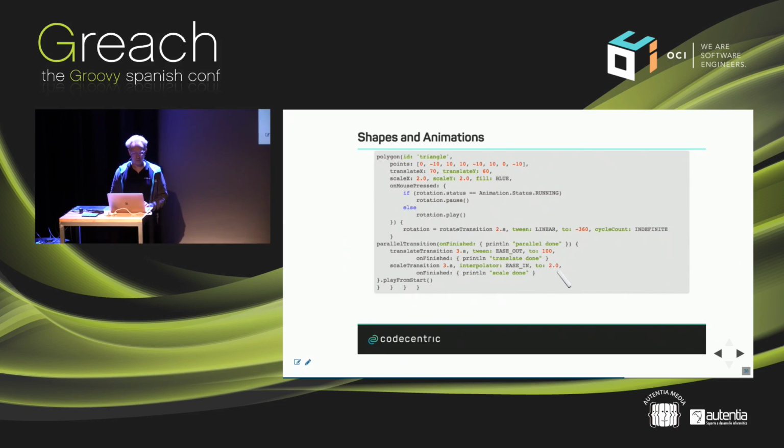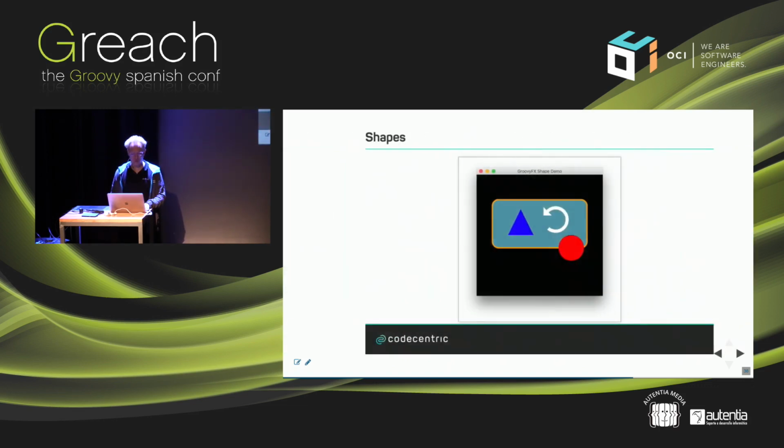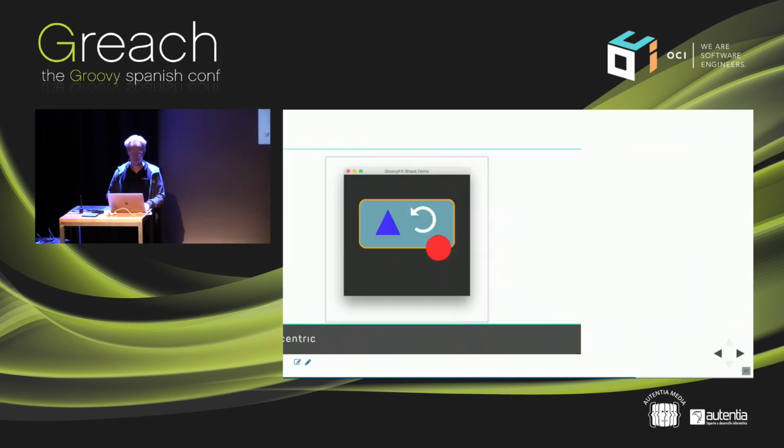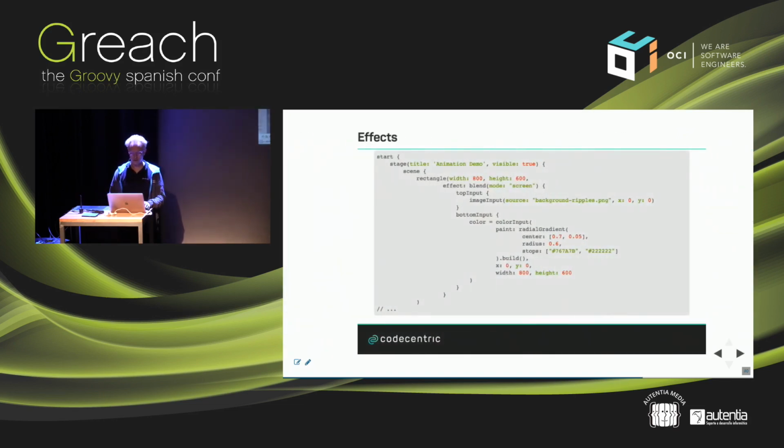But in between, the interpolation is done so that it starts slowly, then gets faster, and then slows down toward the end. So it's a smoother move. And you can also add events for what should happen when it's finished. So a lot of features that we get from JavaFX are much easier to implement and use in GroovyFX.